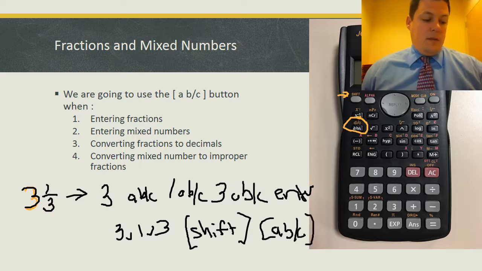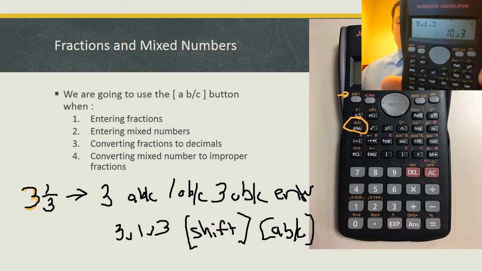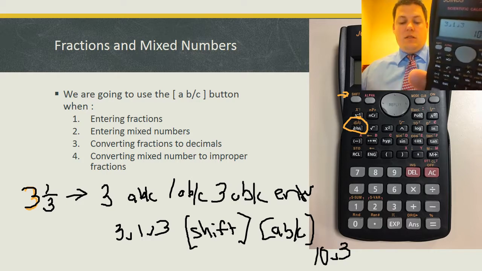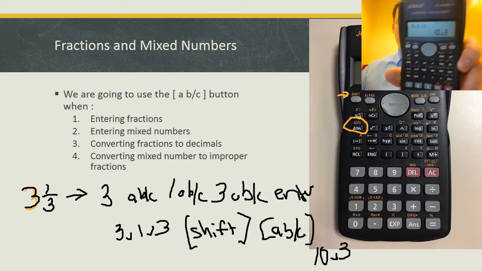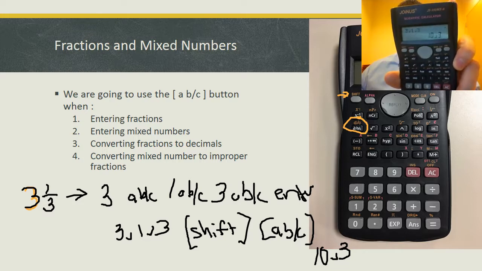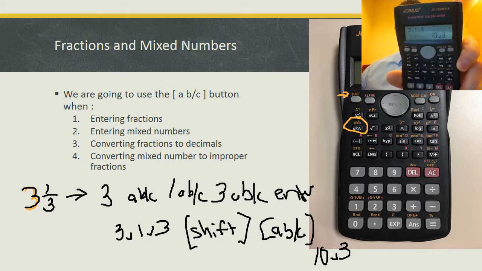And by hitting Shift ABC, you will see it pops up as 10 thirds, like that. Again, that backwards L is showing you the separation between fractions. So that is your fraction bar.